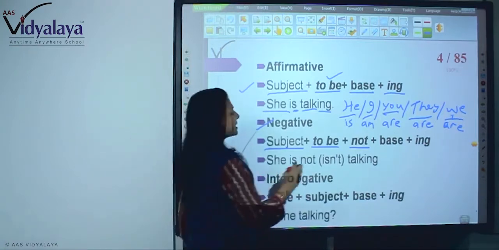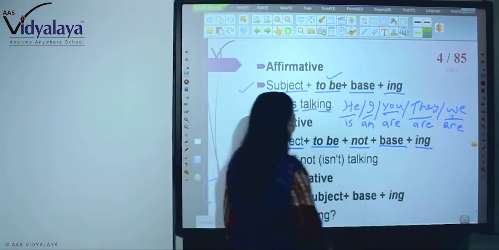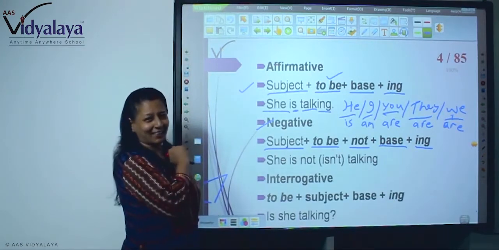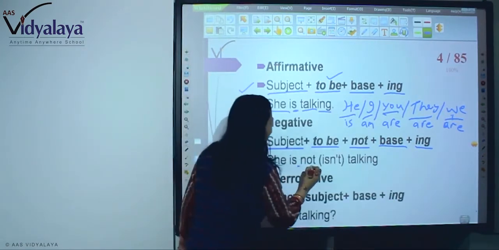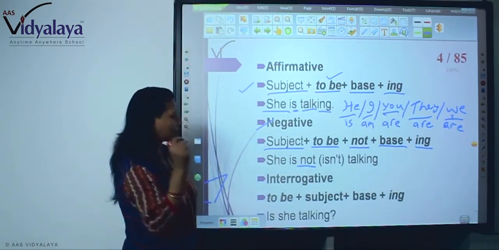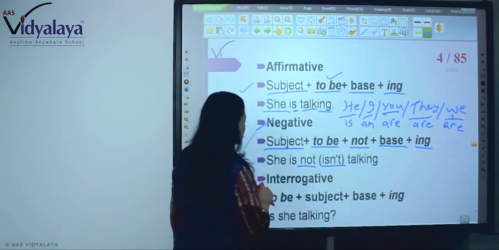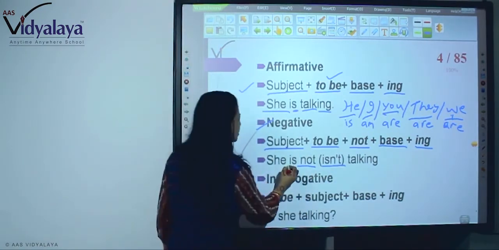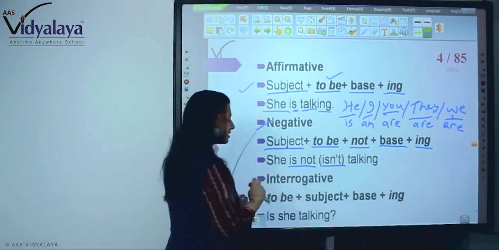Right? Plus base plus ing. So she is not talking. So you know we can write isn't also. So she isn't talking. There are two ways of writing: she is not talking or she isn't talking.